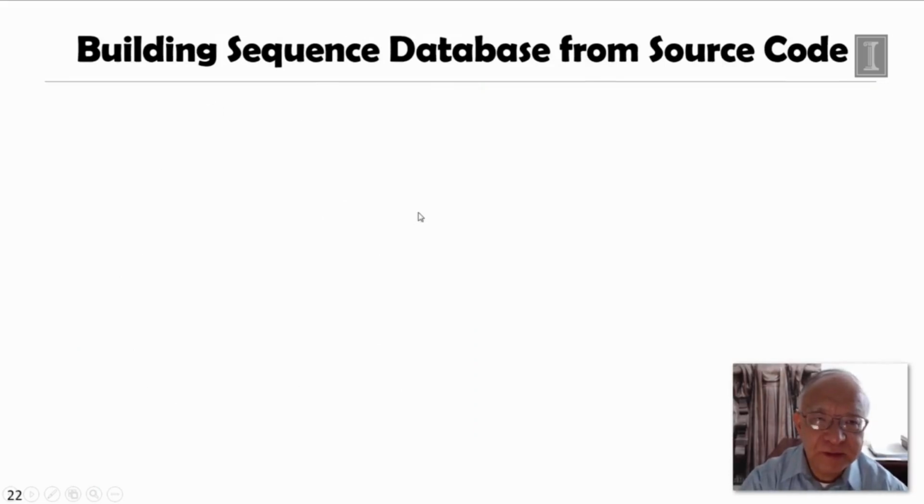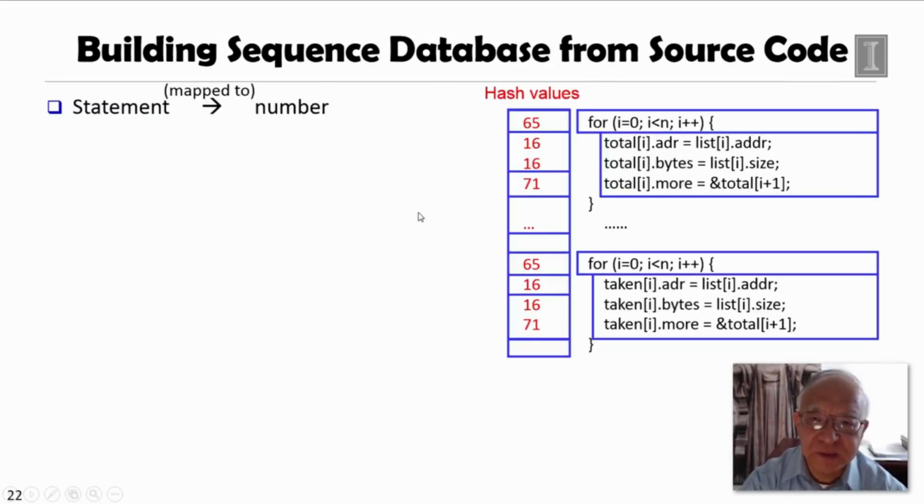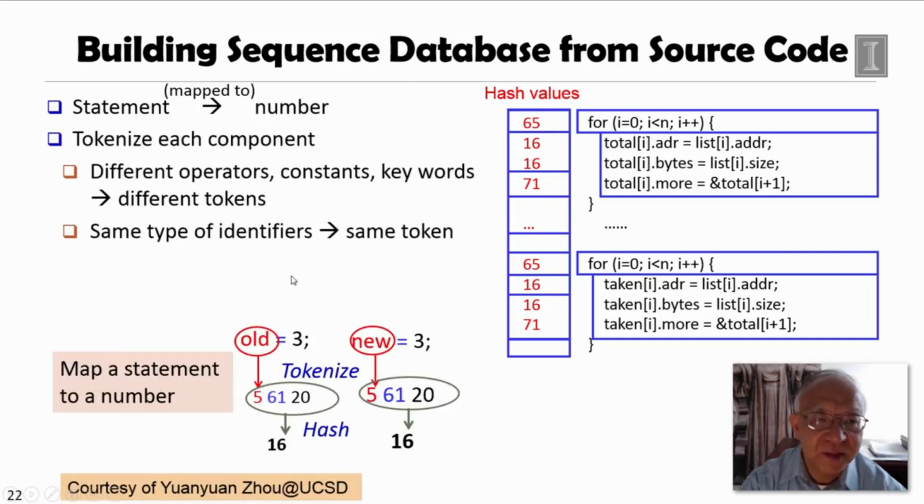It's a very interesting study using pattern mining. So we first see how to build a sequence database from source code. The general philosophy is that each statement is mapped into a number. But how can we map the number? For example, these two are 16, and the other two are also 16. How can we find such similar sequences? The methodology is to tokenize each component. For example, the variable old is assigned to 3, and the variable new is also assigned to 3.